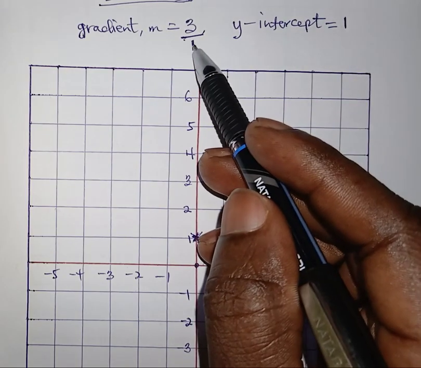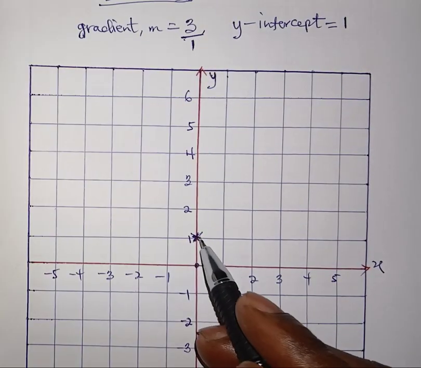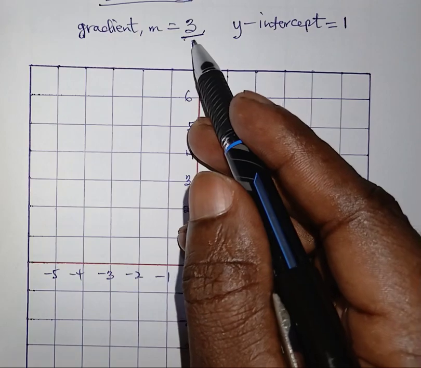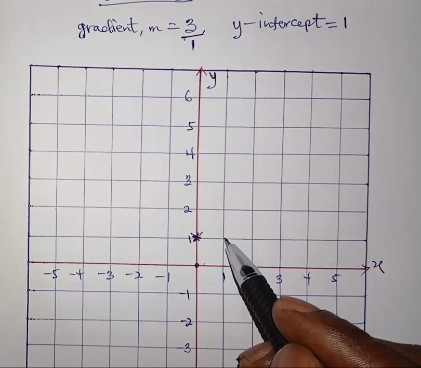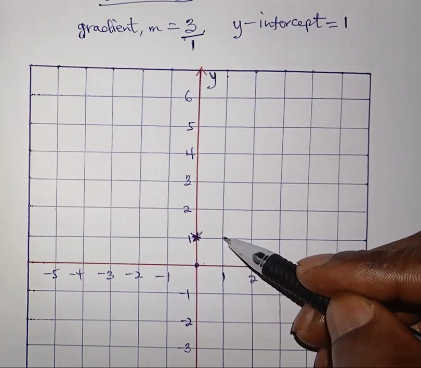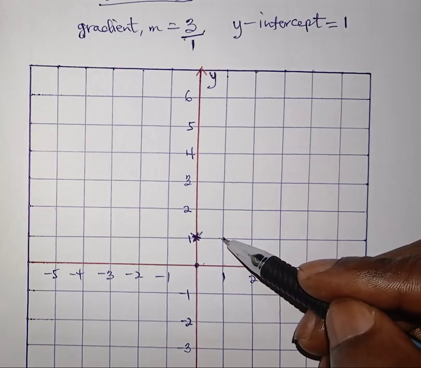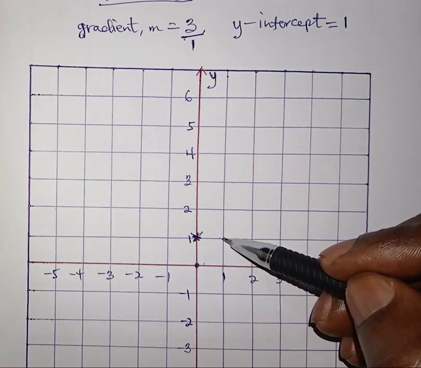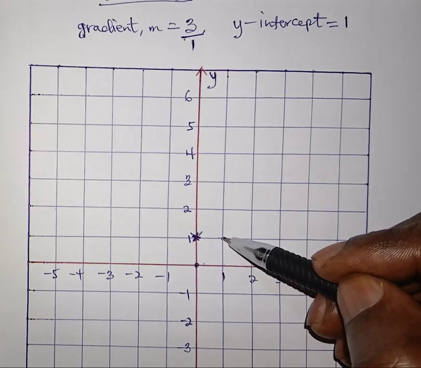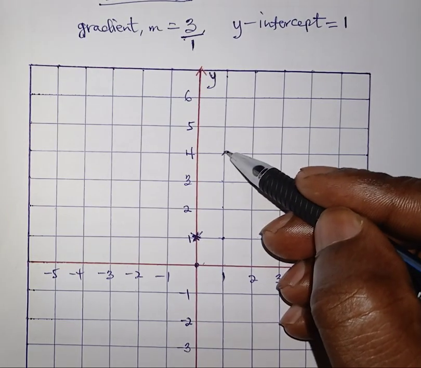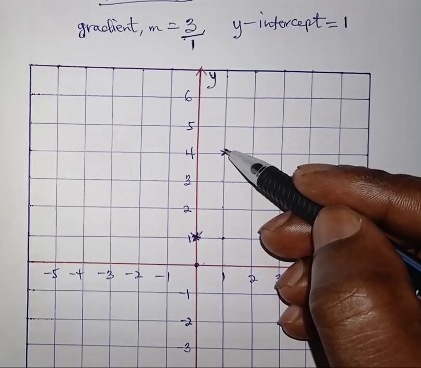So if I start from 1 and move 1 unit, the denominator, which is 1, then the graph will also rise how many times? 3. So 1, 2, 3. So the graph has to rise up to this point.